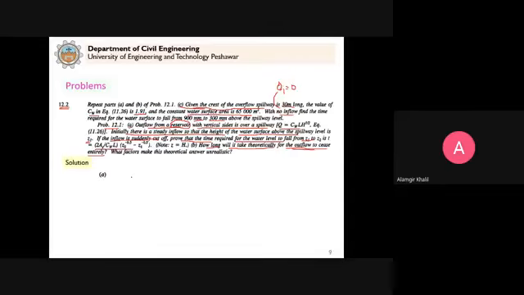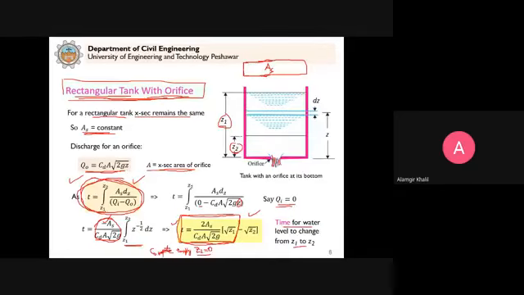So now we go for part A. We have to prove this formula. Again, we know that Q_I is 0 and Q_O for a weir is given by C_W L Z^(3/2). We write down this formula here.